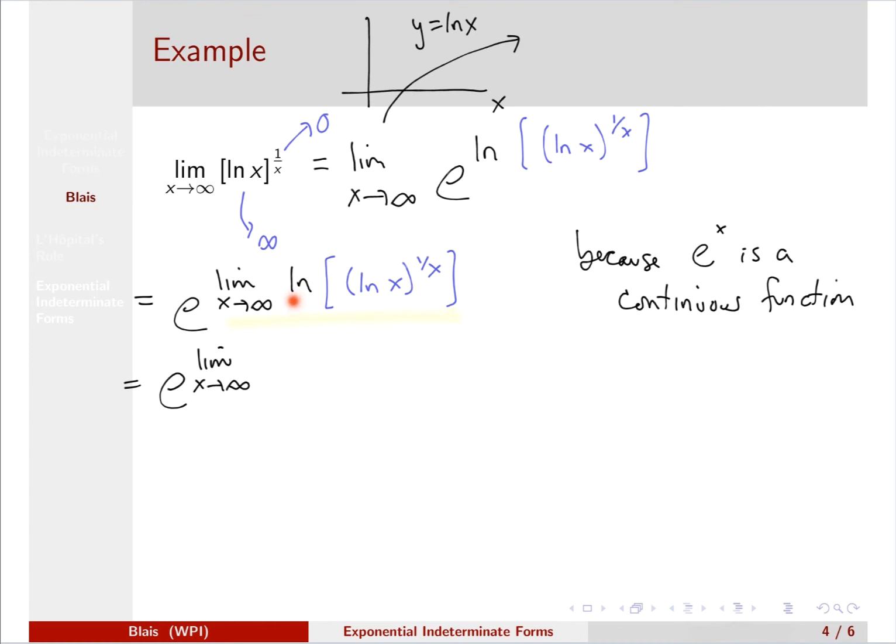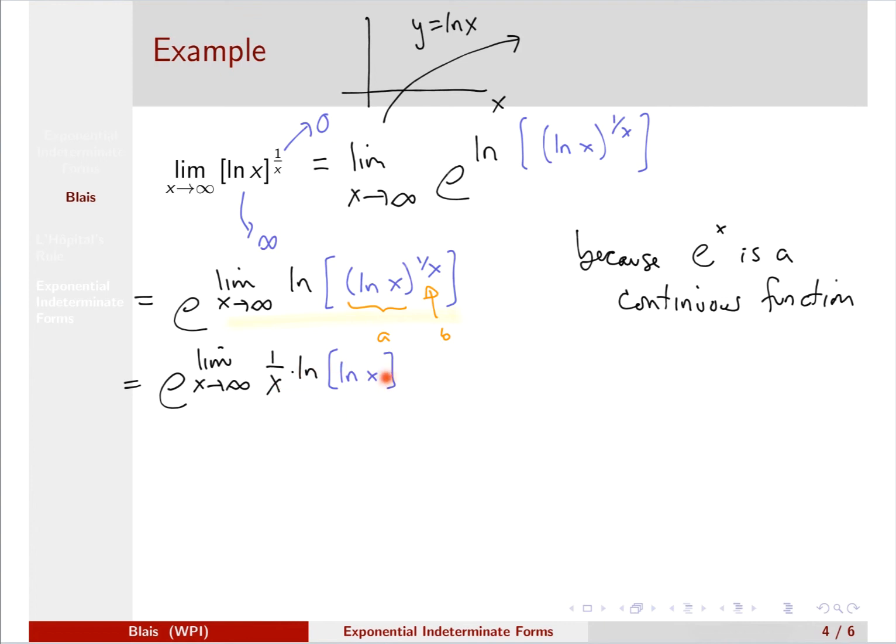So this is ln. Think of this as, here's your a, and that 1 over x is your b. So that b can come out front of the outer natural log term. So we have e raised to the limit as x goes to infinity of 1 over x times the natural log of x.